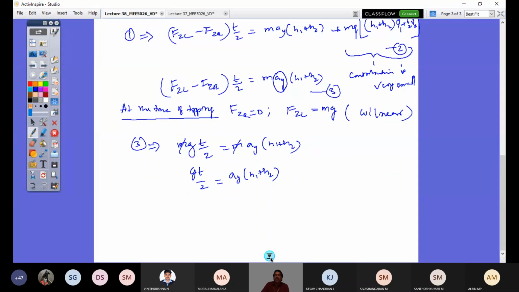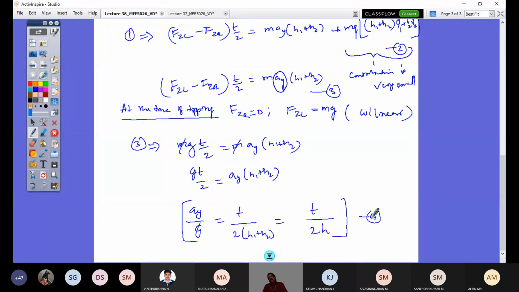What you get from this expression number 4 is, if I have a heavy truck and I know what its tread is and what its CG location height is, then T by 2 times CG location height is my limiting lateral acceleration normalized to g.